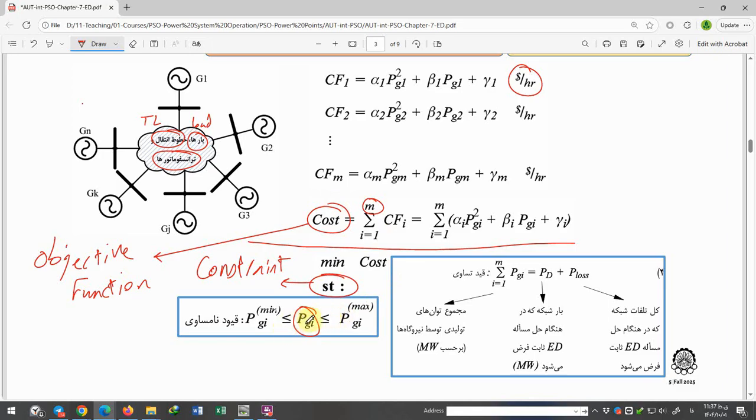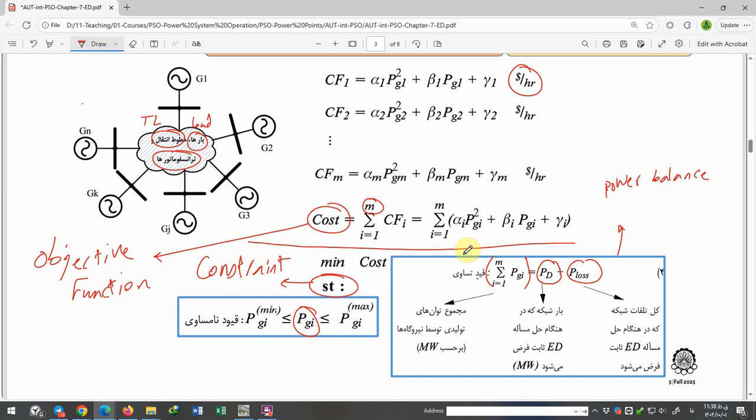The other constraint is that the whole generation has to equal all of the demands plus losses. This equation is called power balance.